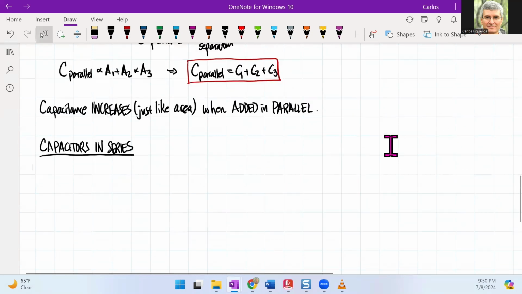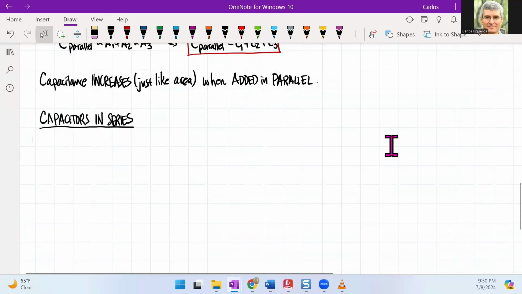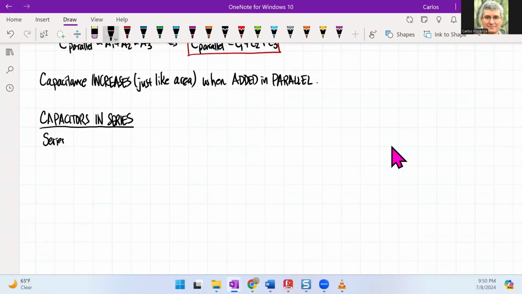So now I have my same reference as before. I have a reference capacitor, just like we did before.